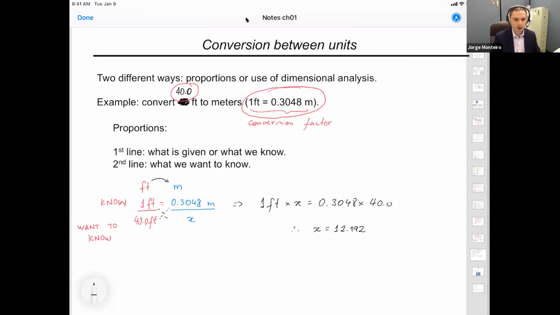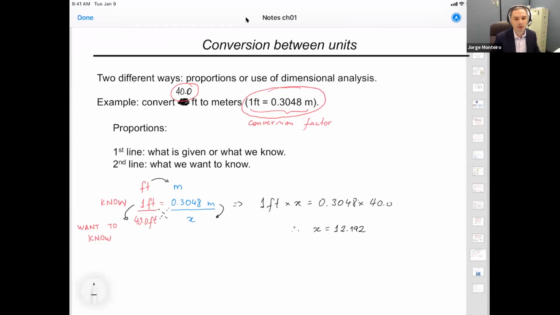Okay, so doing proportion, you are going to be able to solve any kind of conversion problem and later on any stoichiometry problem with chemical reactions. And look, there is an equal sign, right? So whatever happens on this side needs to happen on the other side.